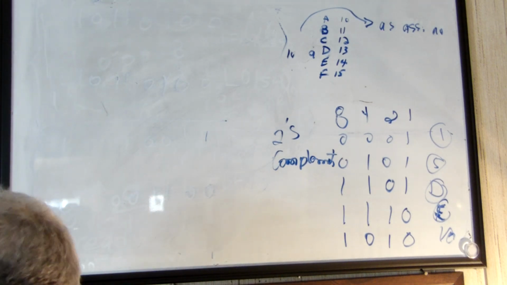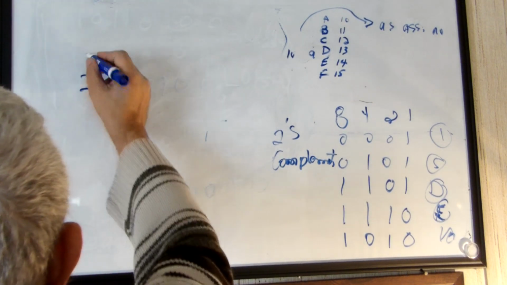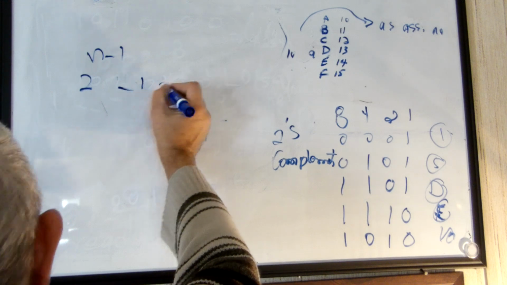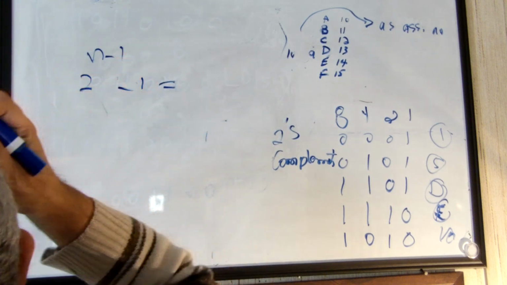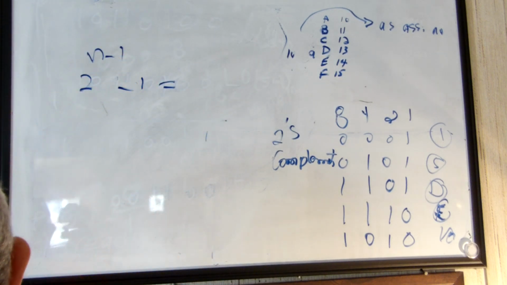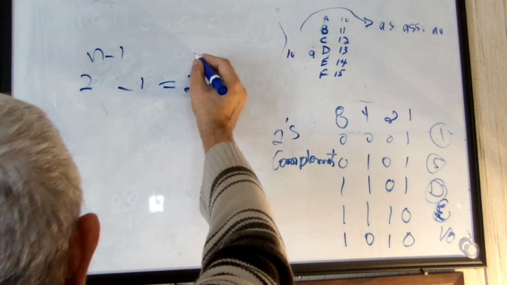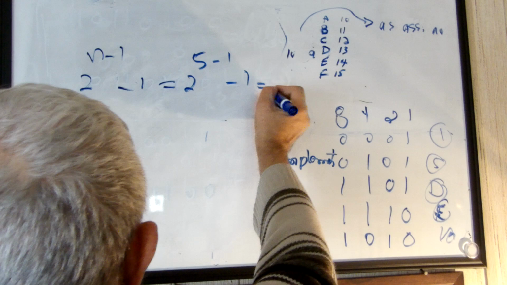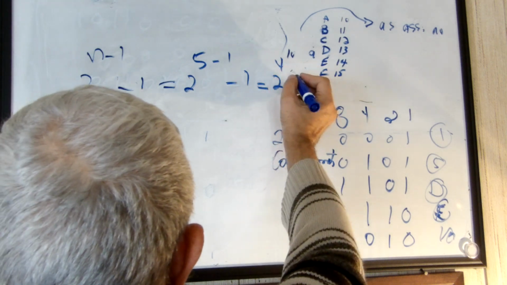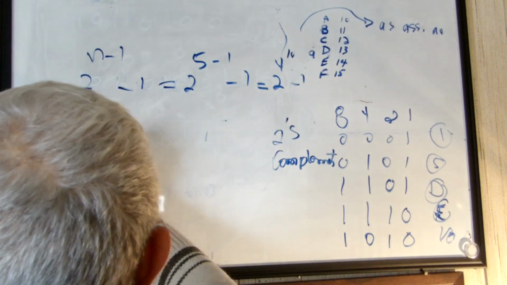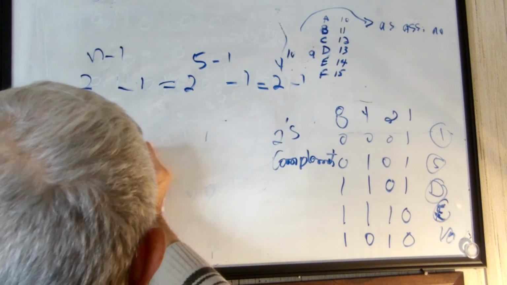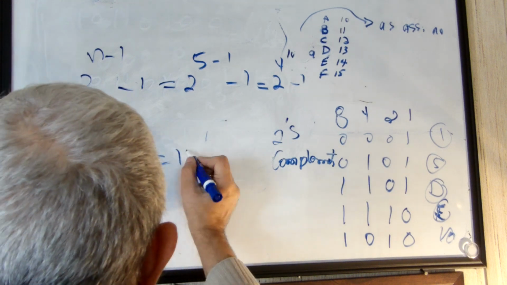The formula for that is 2 to the power n minus 1, minus 1. In 5 bits, 2 to the power of 5 minus 1, minus 1, is 2 to the power of 4 minus 1. 2 to the power 4 is 16, so 16 minus 1 is going to be 15.